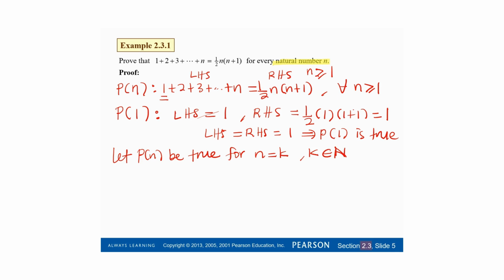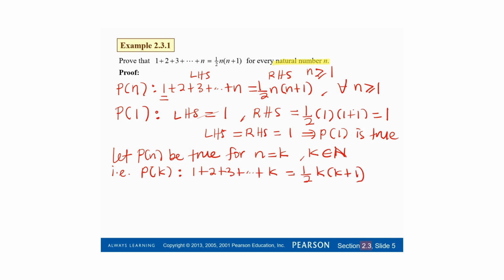So what it means is that we have this statement Pk. Our statement Pk will be 1 plus 2 plus 3 and so on up to k terms. This is assumed to be true, which means this will be equal to half of k times k plus 1. Right?